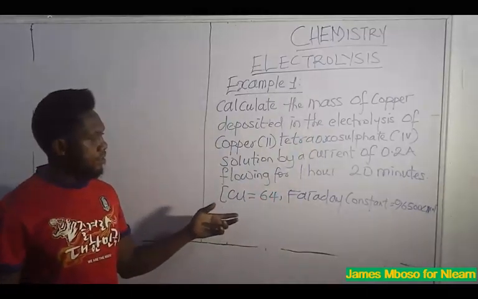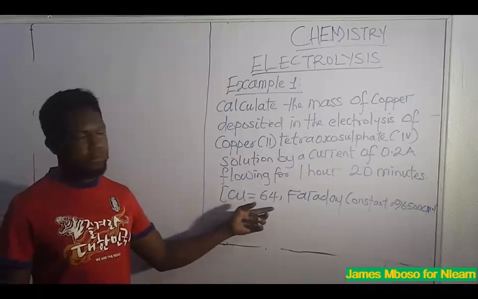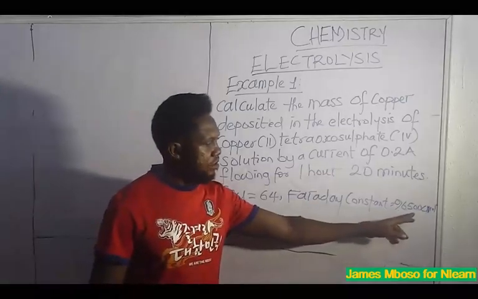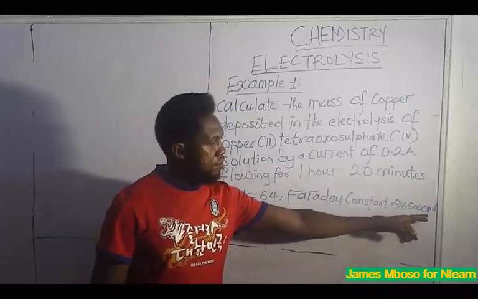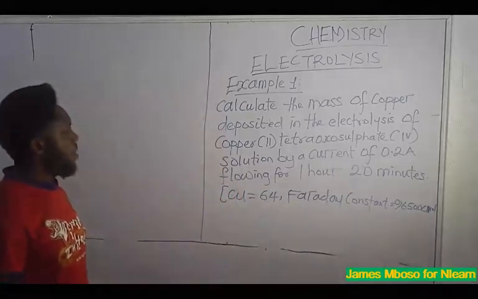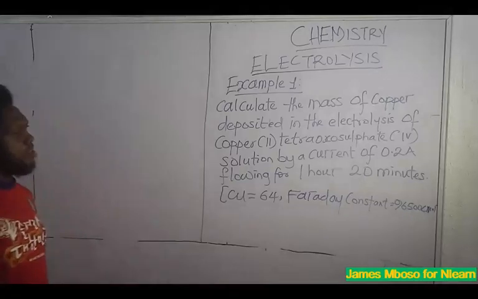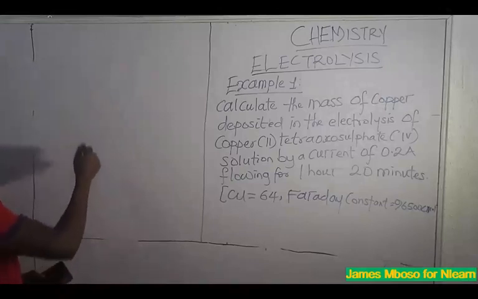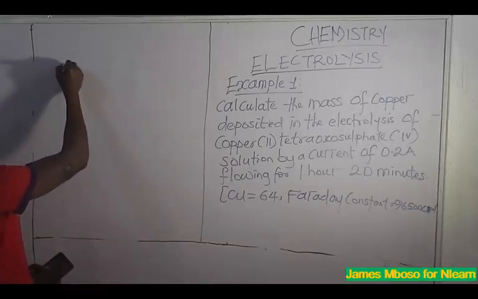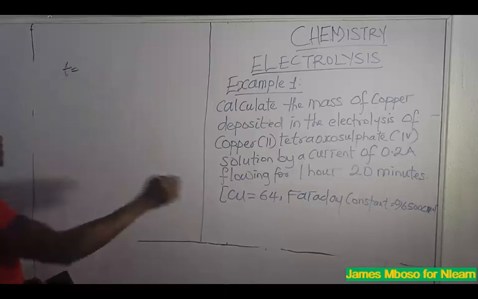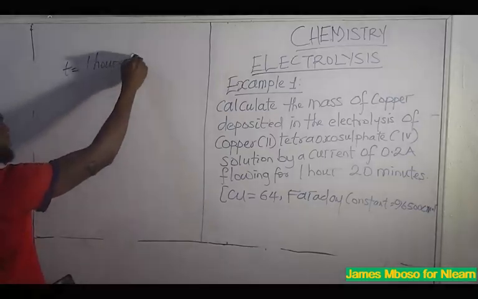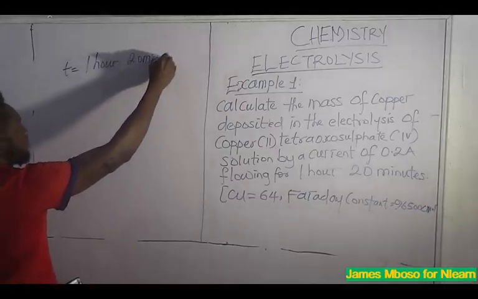We're given copper as 64, our Faraday's constant as 96500 coulomb per mole. Based on the formula given, our time in the question is 1 hour 20 minutes.